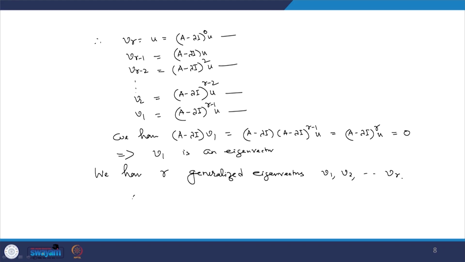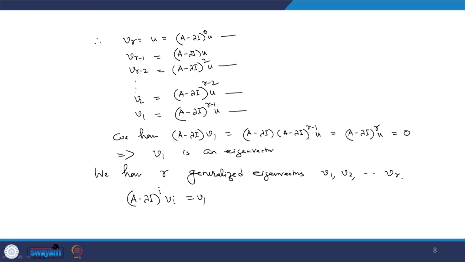If I consider (A − λI)^i into Vi, what can we say about this? (A − λI)^i operating on Vi, if I consider i from 1 to R, then this is equal to V1.